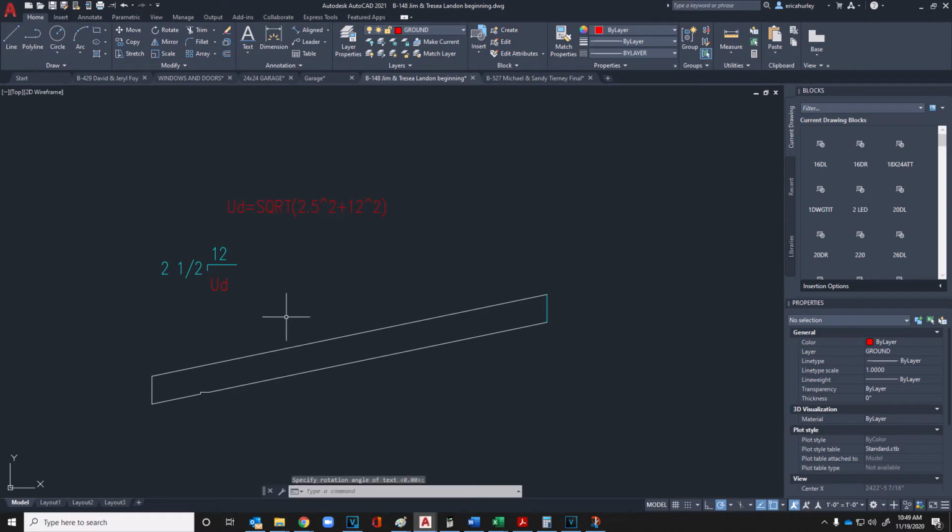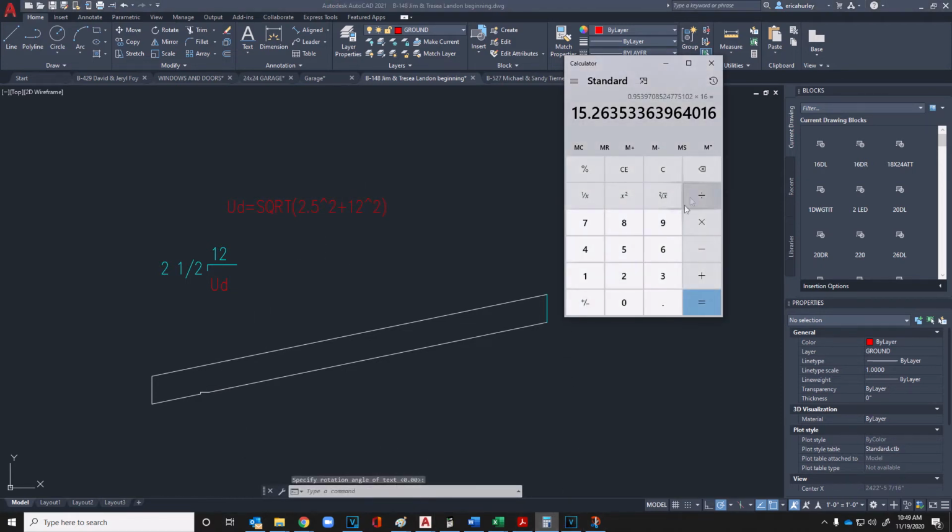All right, so to figure out what this is, I'm going to go back over here, and I don't need that number now yet. I'm going to clear everything out. And I'm going to say 2.5 squared plus 12 squared equals the square root of that, 12.2517, and so on.